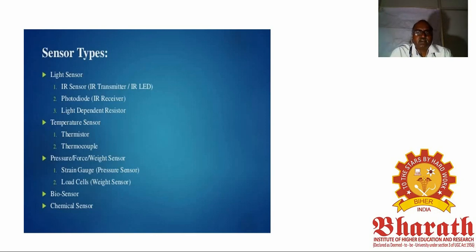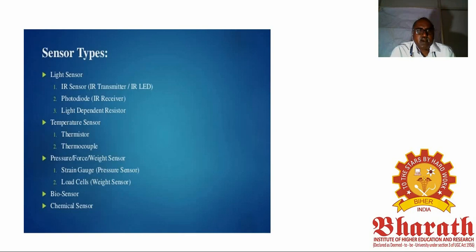To summarize, the sensor types are classified as the light sensor, which is very sensitive to light. For example, the IR sensor, infrared sensor, can be used as a transmitter as well as a receiver.